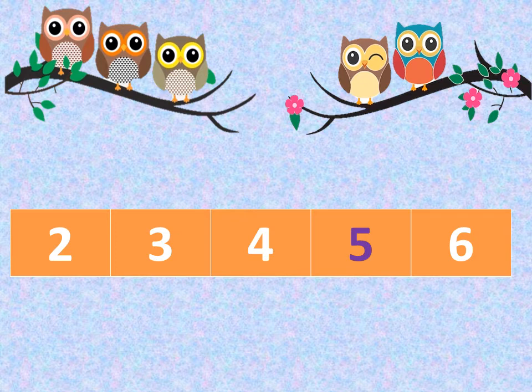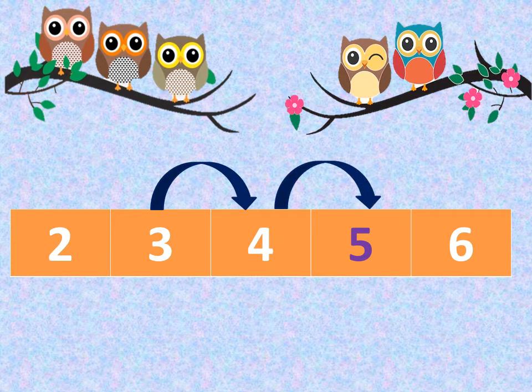3 birds are there, and we have another 2 more birds. So, we count on from 3. 2 more is the same as adding 2. 3 to 4, 4 to 5. Then the answer is there are 5 birds all together.